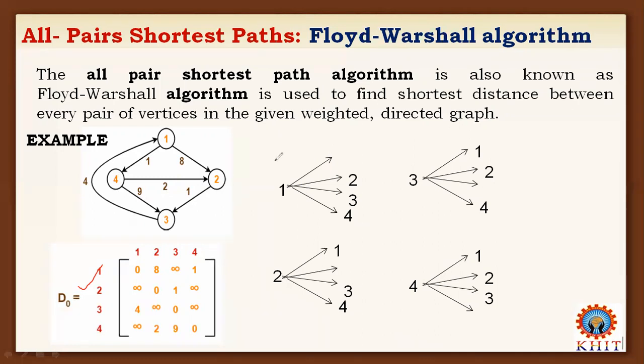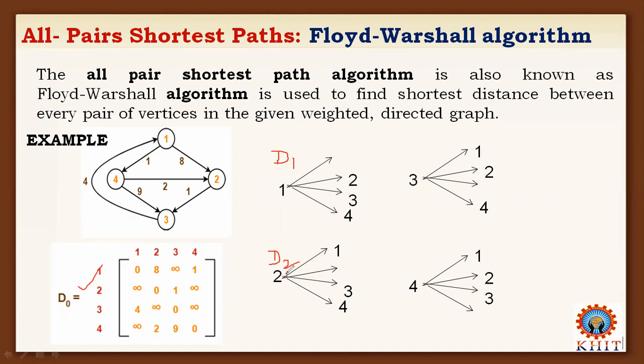Once we find all the values, we can place them in D of 1. So D of 1 is nothing but the distances from 1 to 1, 1 to 2, 1 to 3, 1 to 4. Next, we need to find D of 2. D of 2 is nothing but the distance from vertex 2 to all remaining vertices.